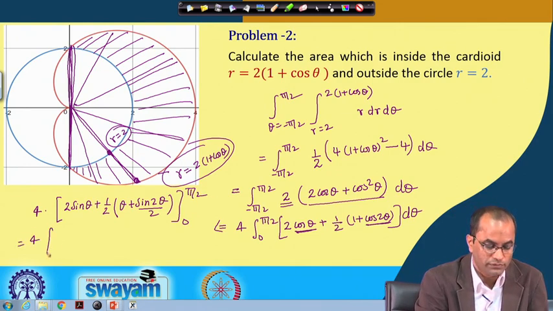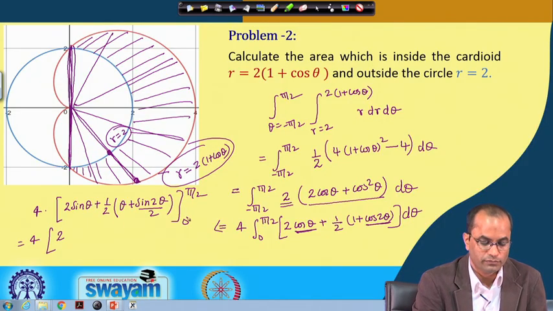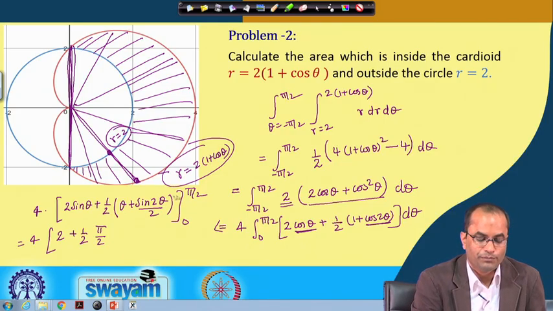So, this is 4 times 2, since sin pi by 2 will be 1 and sin 0 will be 0. Here half theta will give us pi by 2, and sin pi minus sin 0 is 0. In either case this will be 0 when we put the limit.